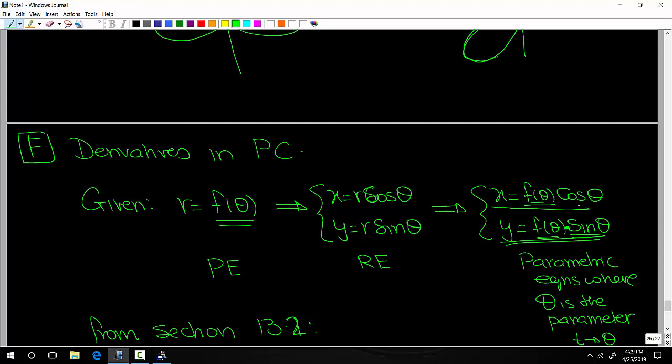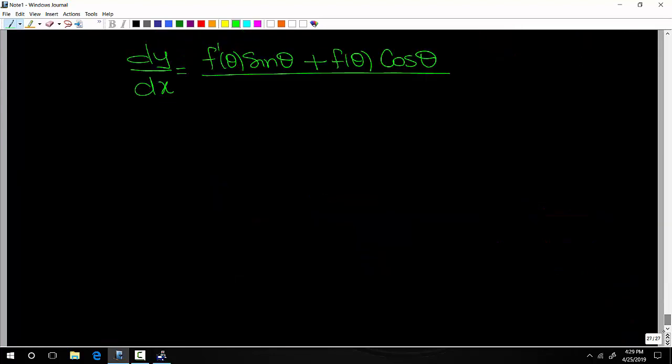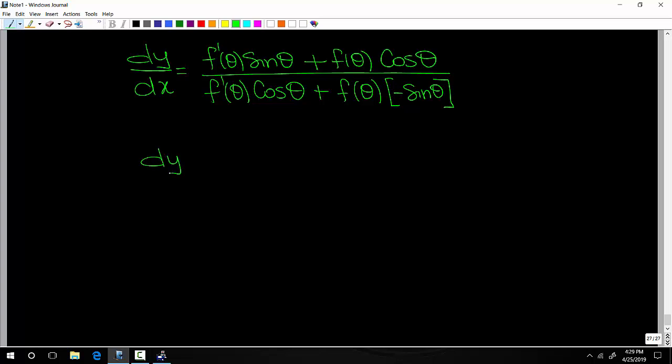This is a function of theta, this is a function of theta, so we'll have to use product rule. So we get the derivative of the first times the second plus the first times the derivative of the second. Derivative of cosine is what? Negative sine.